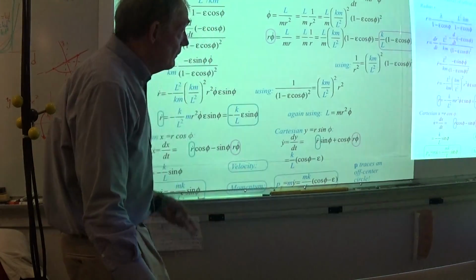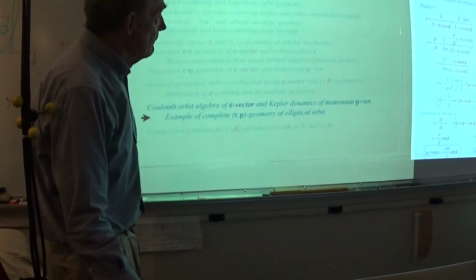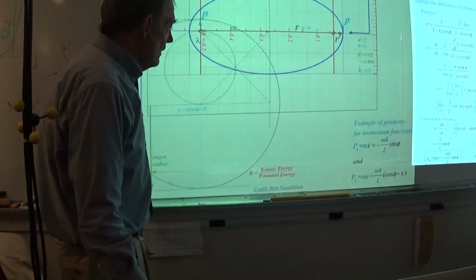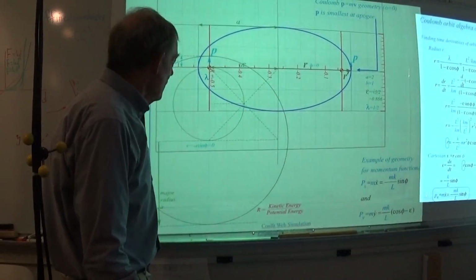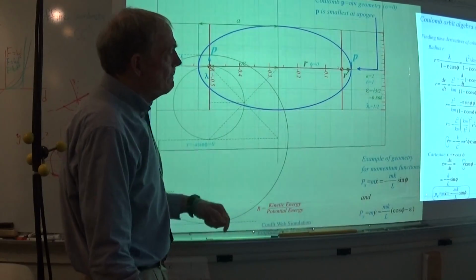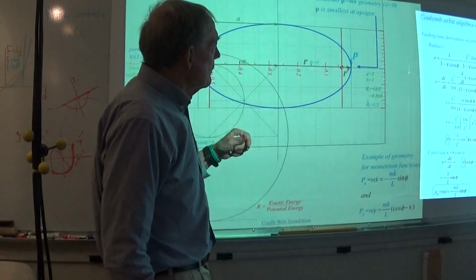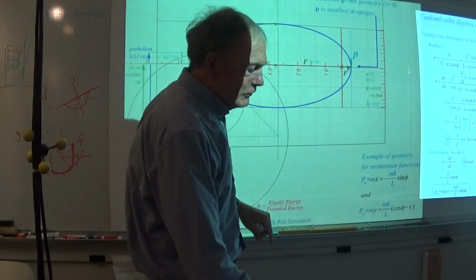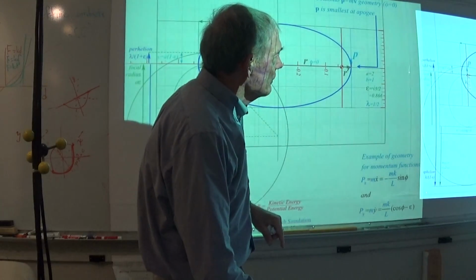Okay, so there's the algebra telling you that, but now let's just spend some time looking at that. Before I had TC's program completely working, I laboriously went through this, and I'll go through this very quickly on the center screen here.